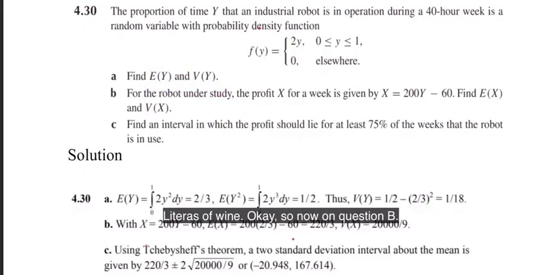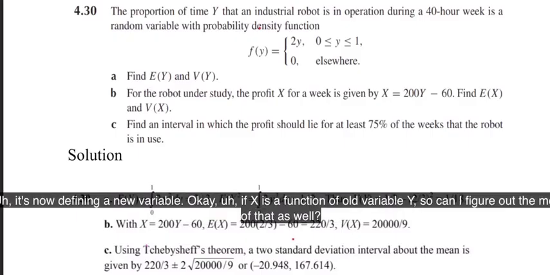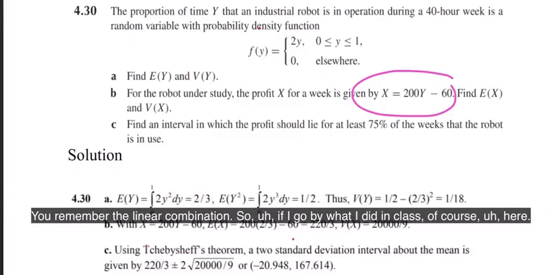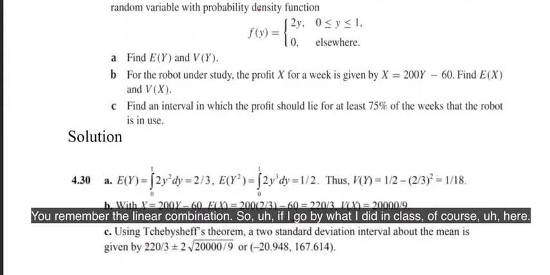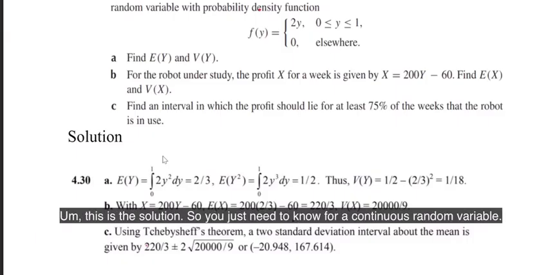Question B is now defining a new variable. If x is a function of the old variable y, can I figure out the mean of that as well? You remember the linear combination. If I go by what I did in class, here is the solution.